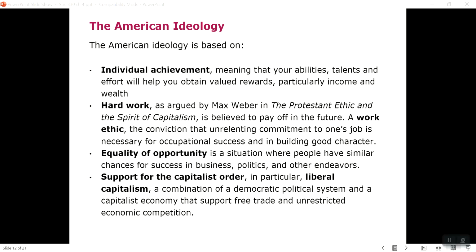The hard work as well, that idea that you just got to work hard, right? That's all you got to do. Also, people tend to believe that there's this equality of opportunity in the United States that doesn't necessarily exist. We know that there is a lot of prejudice that people have against individuals depending upon things such as race or gender, sexual identity, gender identity, height, weight, skin color.